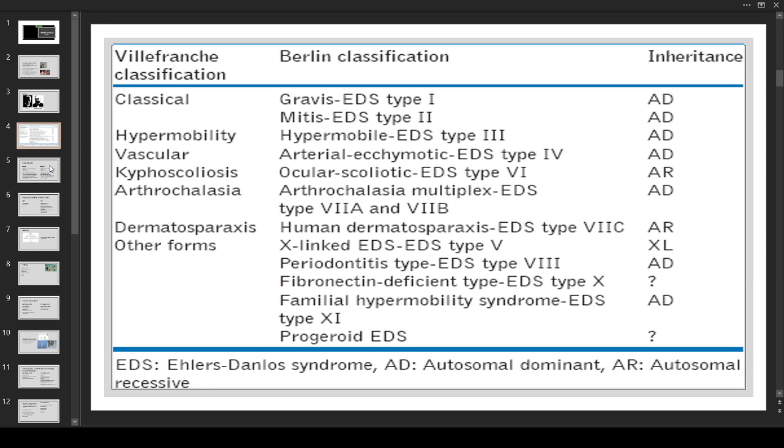They all rely on collagen for their strength. The protein molecules in this case are altered by the mutation, leading to their weakening.